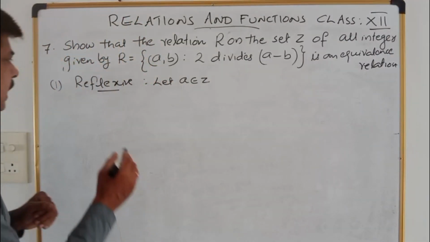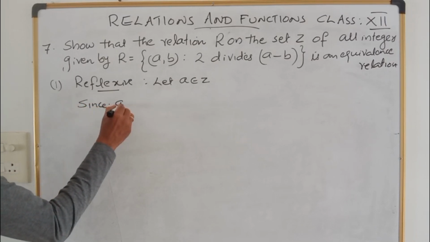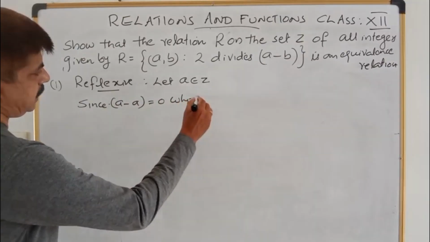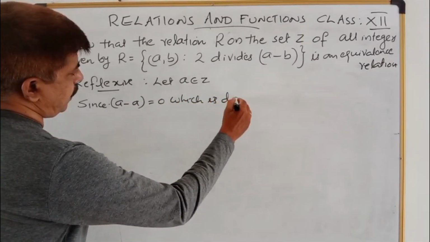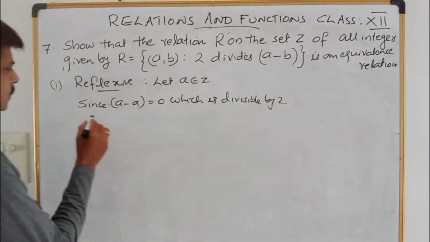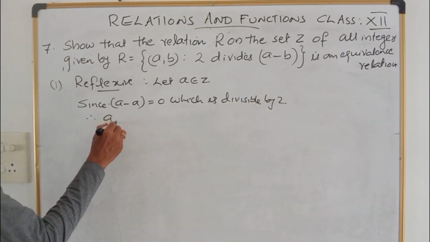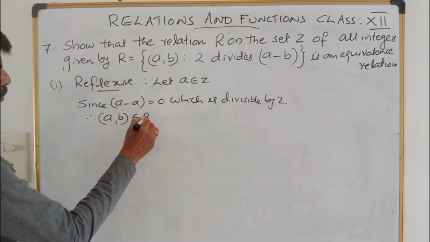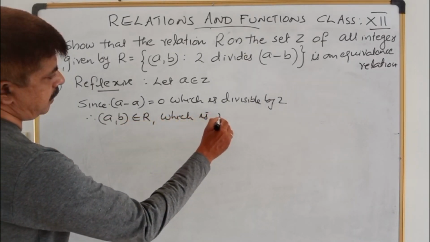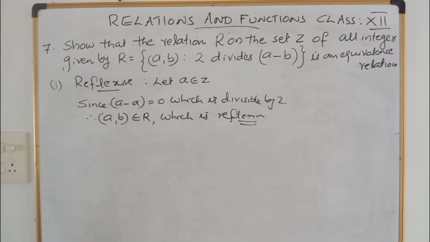So A minus A, since A minus A equals 0, which is divisible by 2, we can say that (A, A) belongs to R. It is a reflexive relation. Okay, it is reflexive.